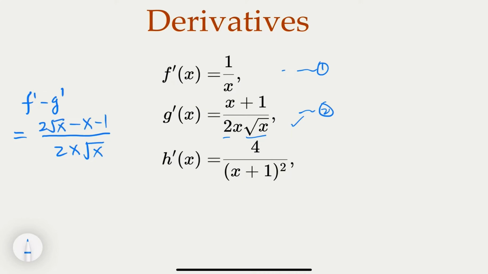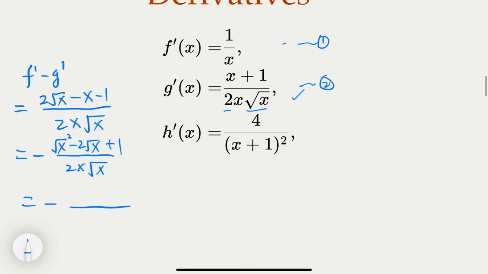You put it together here, and what you get becomes x minus 2 square root of x plus 1. You notice that this is nothing but a perfect square, right? So you complete the square and you get (square root of x minus 1) squared over 2x square root of x. We are considering the domain of x positive, so the whole thing is positive. So in other words, the function f minus g is a decreasing function here.